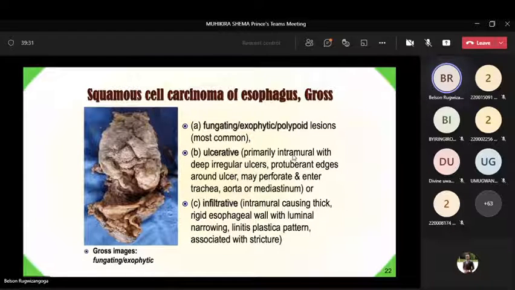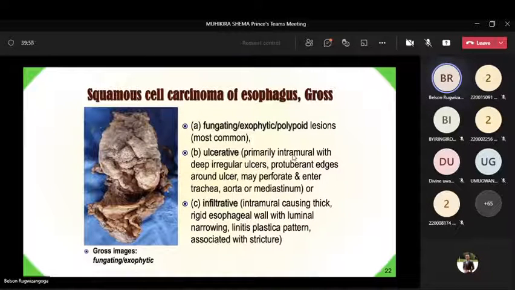Why? Because the cells infiltrate intramurally, and the patient will come just because the lumen has decreased in its caliber or diameter, bringing about dysphagia, and maybe also anorexia, loss of weight and so on.